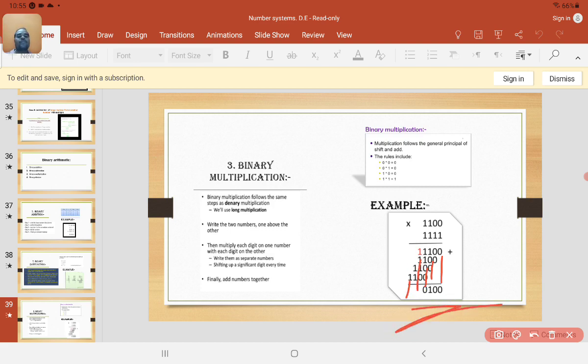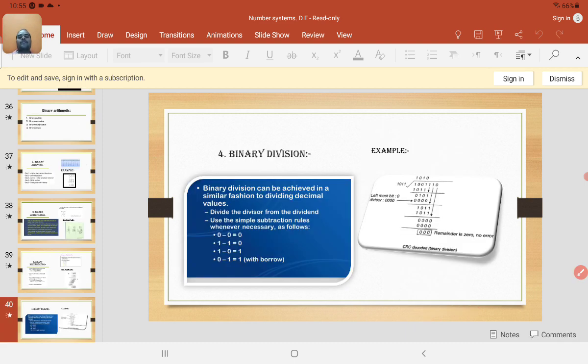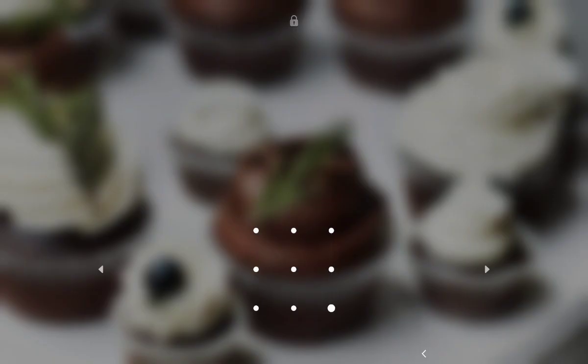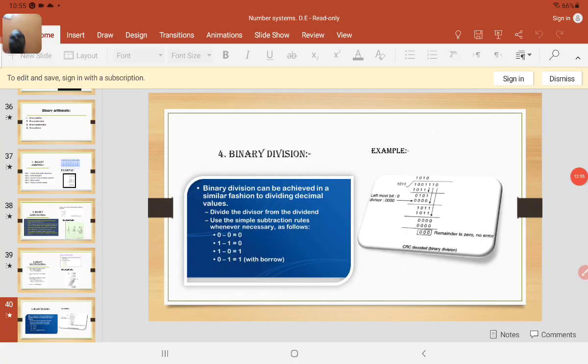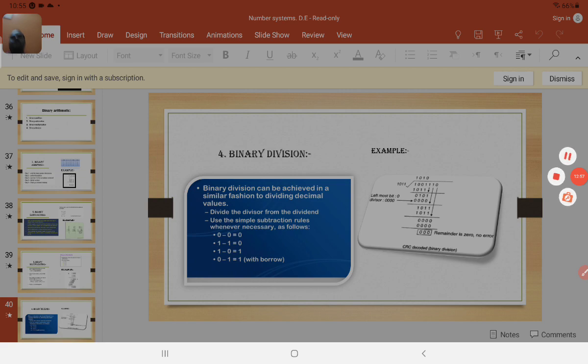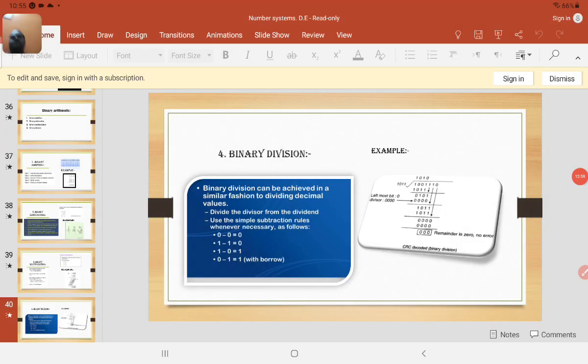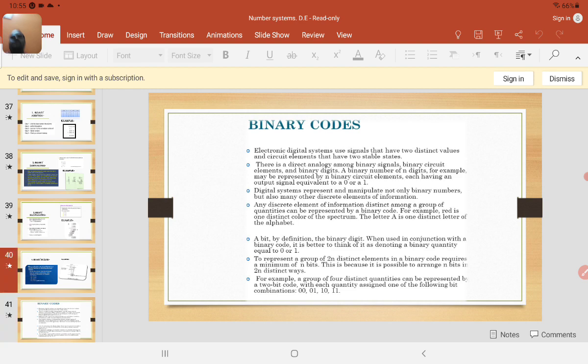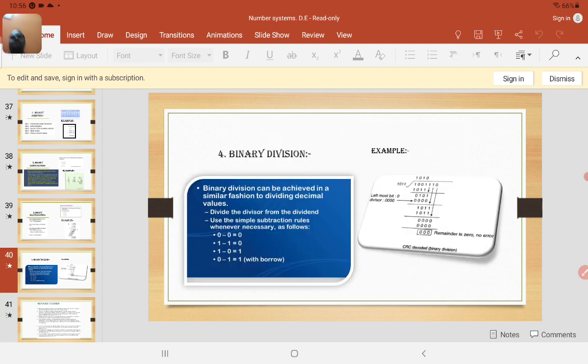Okay. Next, how to divide two binary numbers, that is given here. Binary division can be achieved in a similar fashion to dividing decimal values.